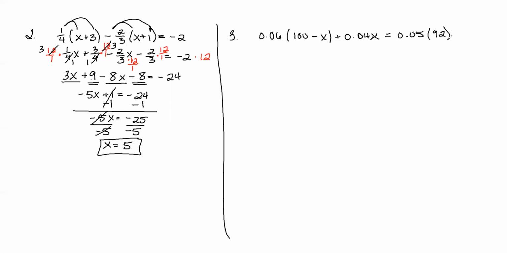All right, so this one looks pretty ugly. There's a lot of decimals here. But before we can start clearing the decimals, let's go ahead and distribute. So 0.06 times 100, instead of writing this one out, anytime you multiply by a multiple of 10, you move the decimal over however many zeros you have.